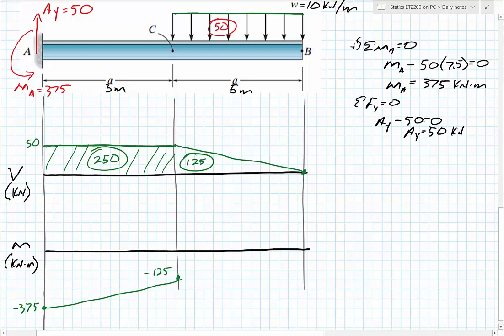And then for this other half, the area is 125, and it's positive. That brings me to 0. And then if I think about what the overall shape looks like, if it's down here, this is 0 slope. This distance right here represents slope. So we're getting a higher and higher positive slope, which means it would look something like this.